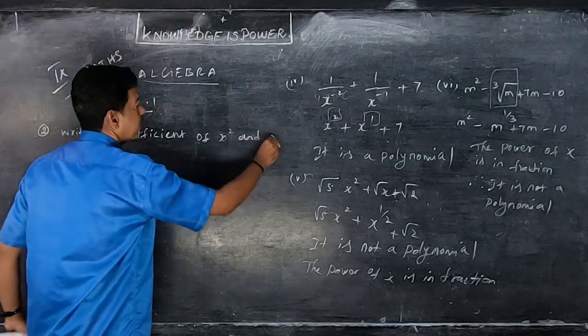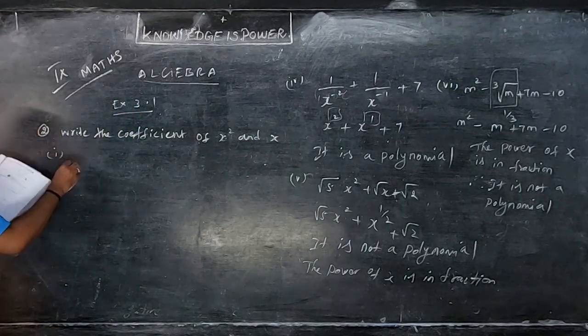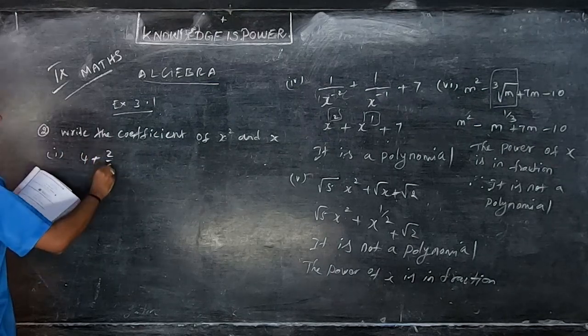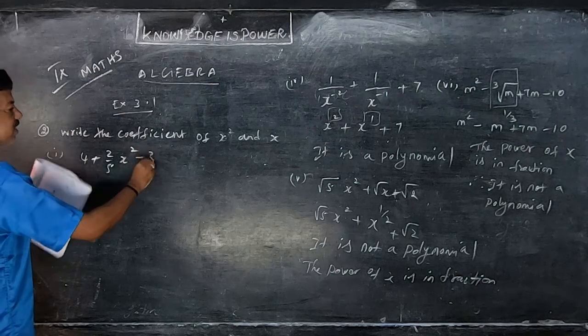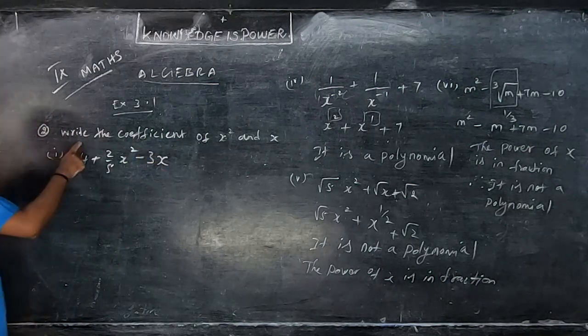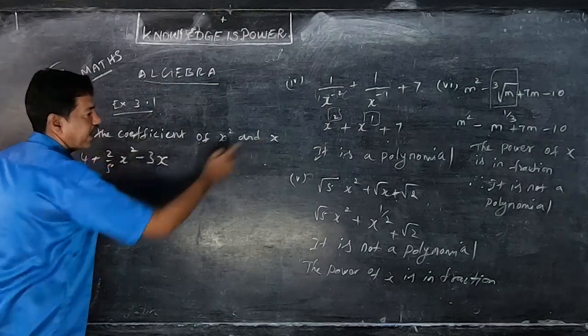See the first one, I have explained: 4 plus 2 by 5 x square minus 3x. What is the question asked? Write the coefficient of x square and x.